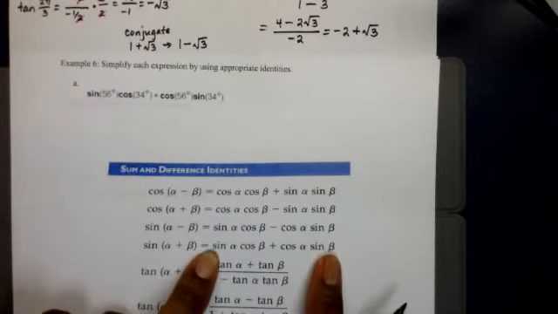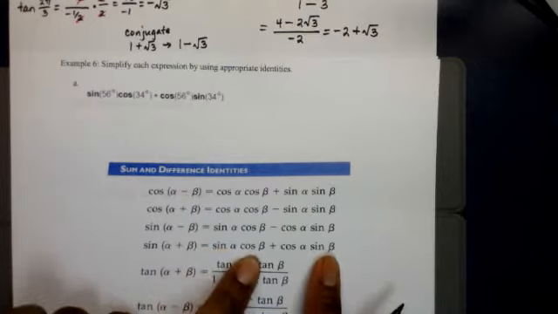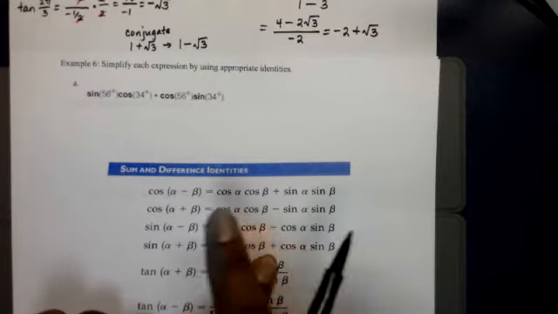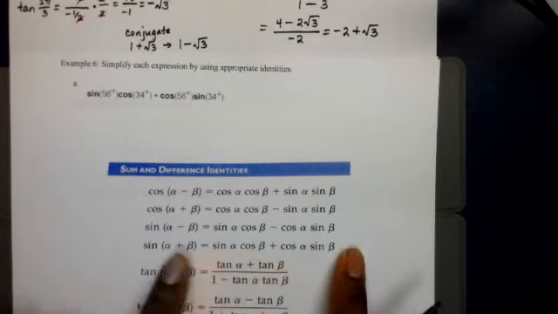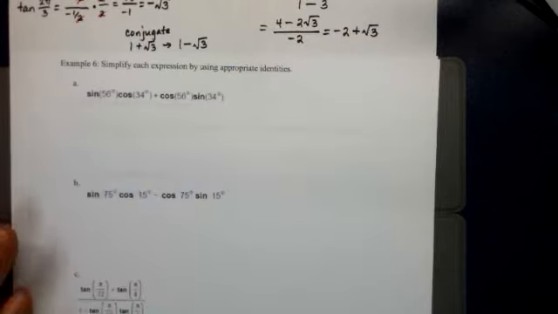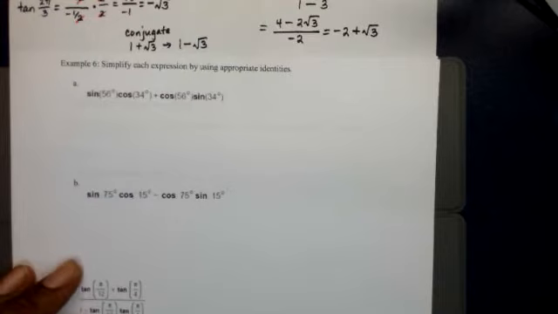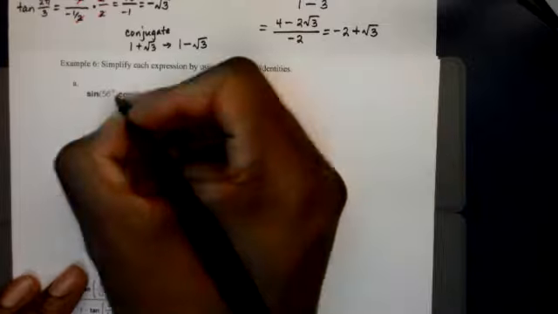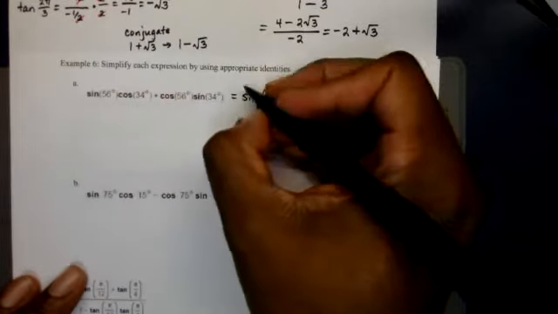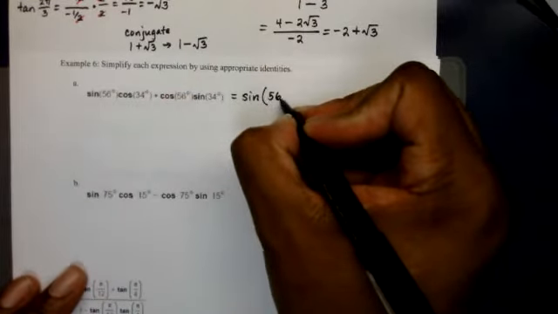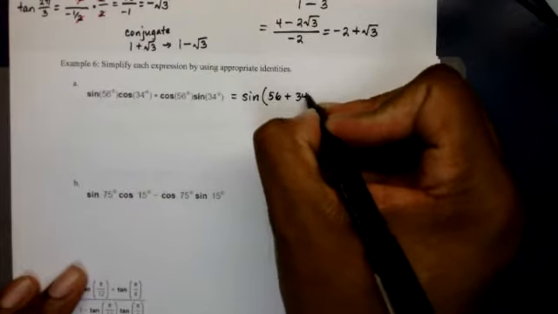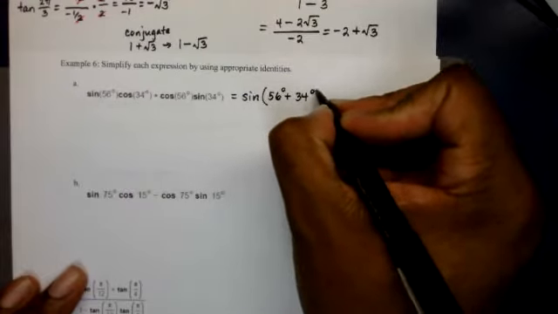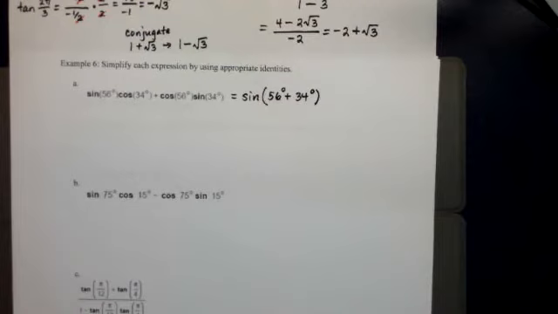When you expand this, you got sine times the cosine, and then a plus cosine times the sine. That has to be this right here, sine of alpha plus beta. So that means I can write that as the sine of 56 plus 34. And that should be 56 degrees plus 34 degrees.